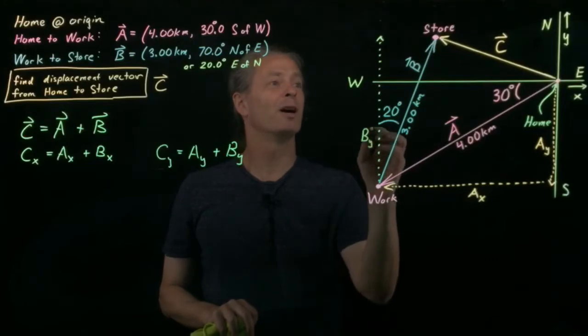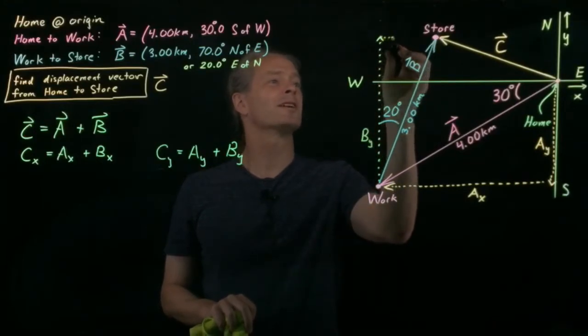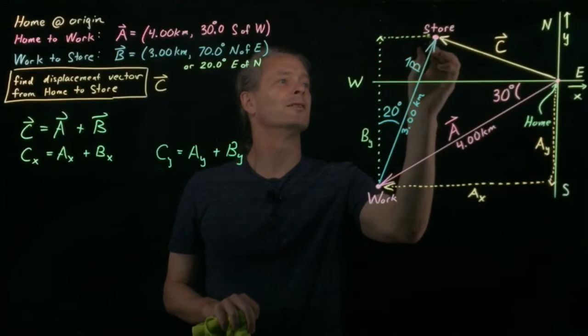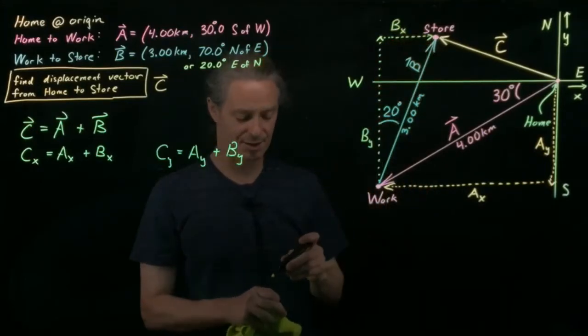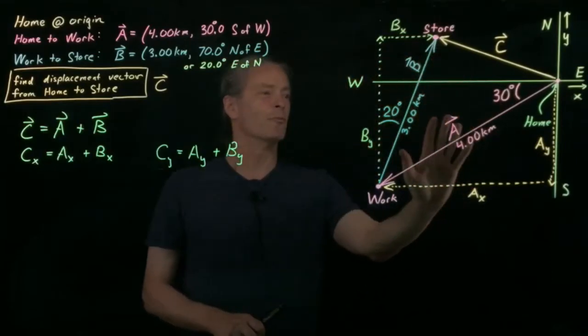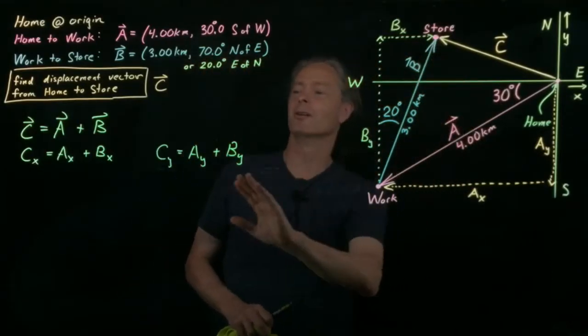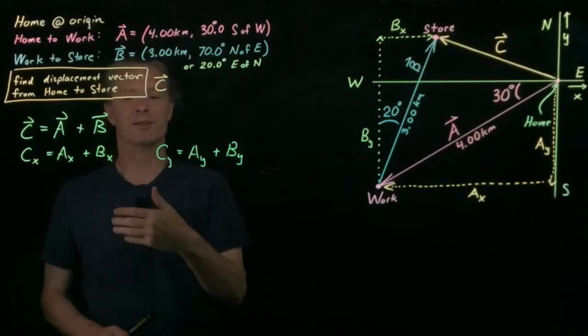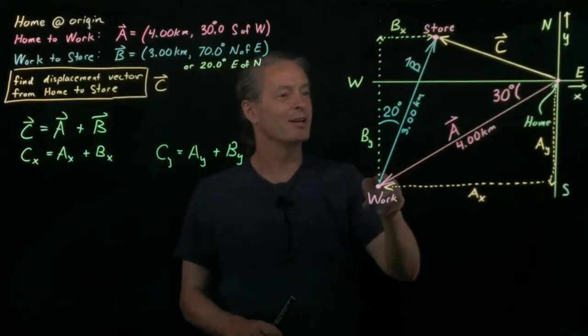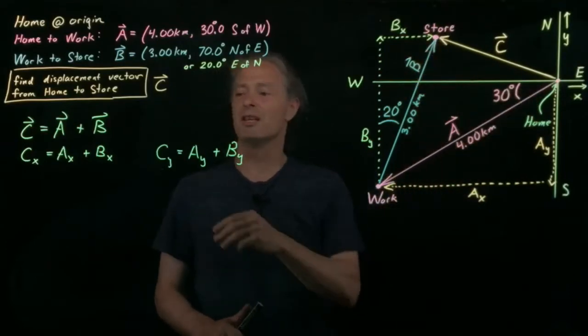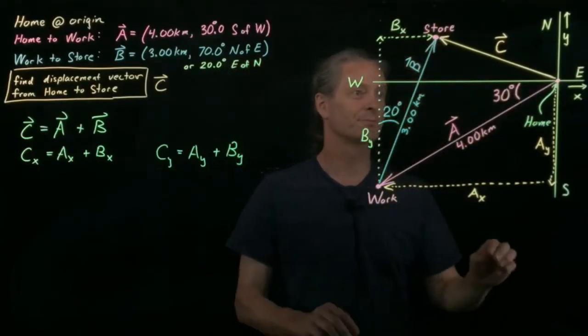B sub y, and then this here, dotted line, would be B sub x. And even from this, from what we see here, we can sort of conceptually verify these vector analysis equations. We got vector A plus vector B gives me vector C, but let's look at the components.